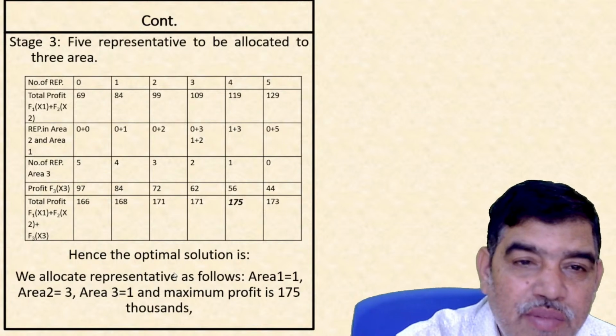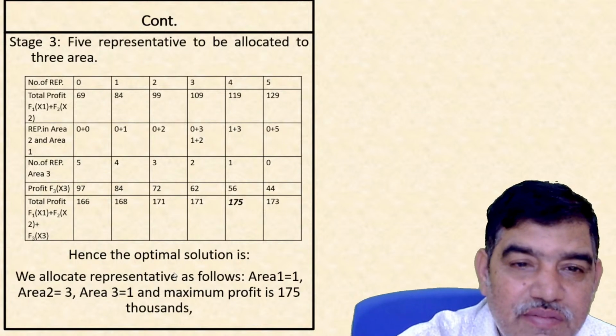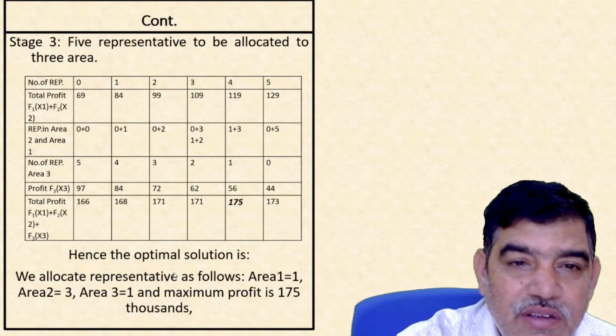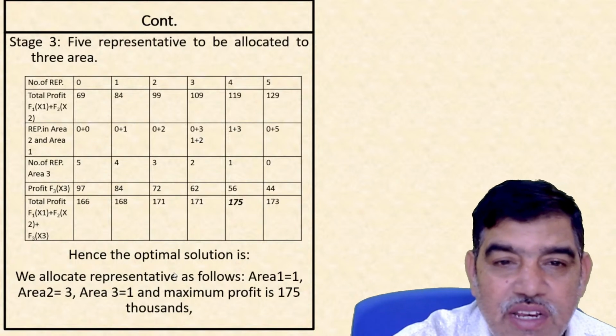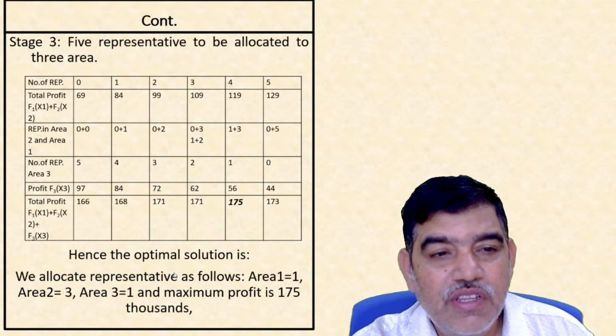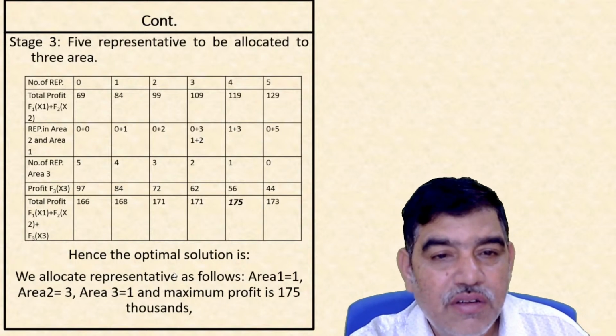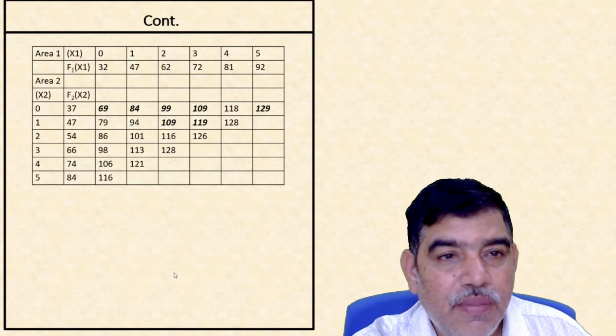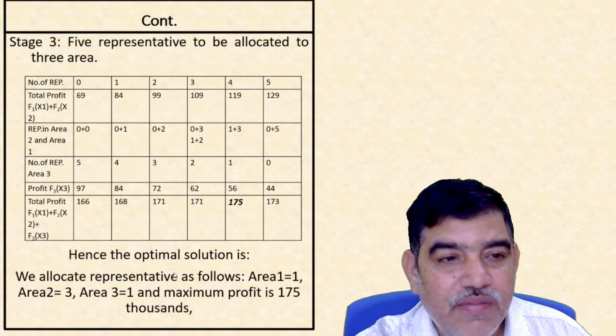Then the maximum profit is 109. Similarly, 119 is generated by using 1 plus 3, and 129 by 0 plus 5. So these are the data we collected in the previous table that I mentioned here.